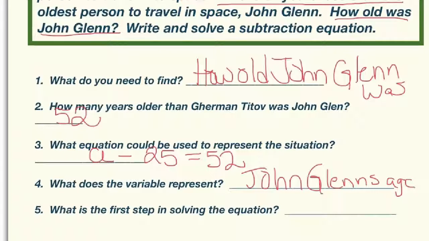What is the first step in solving this equation? Well, the addition property of equality tells us that to undo subtraction, we should do addition. So we should undo subtraction by doing addition.